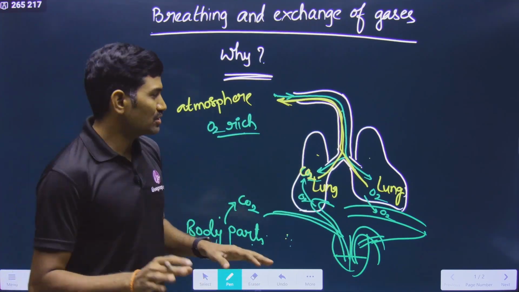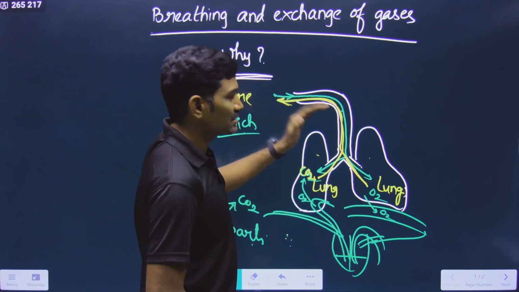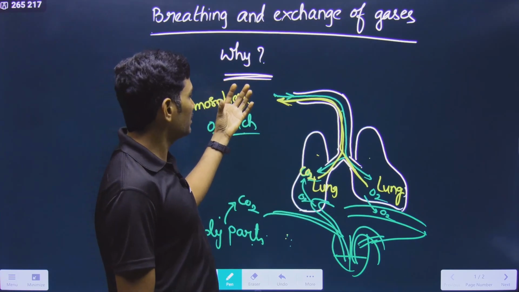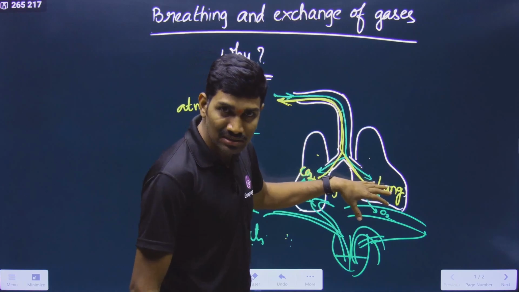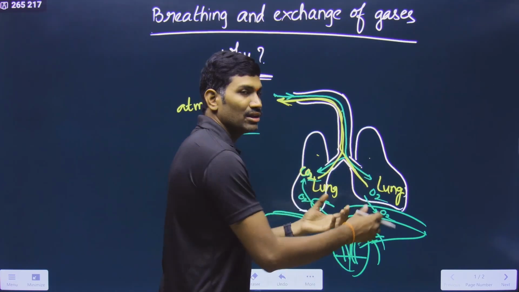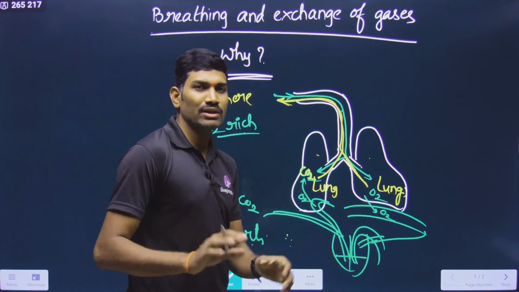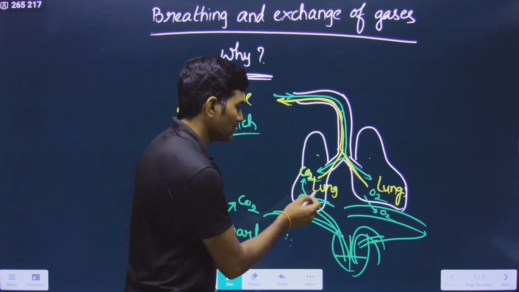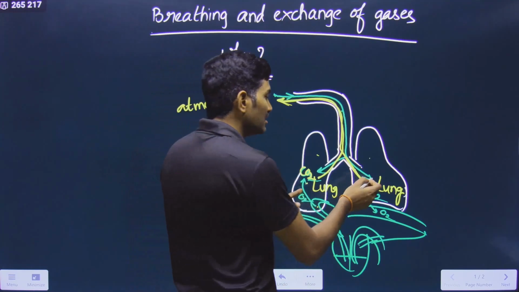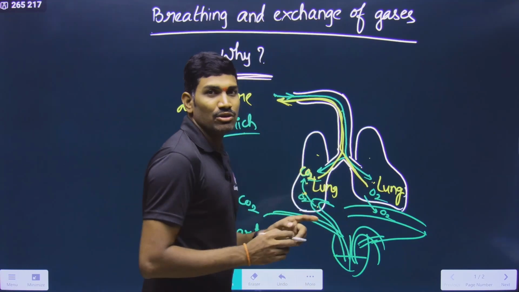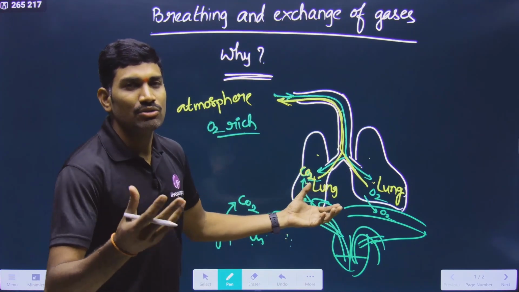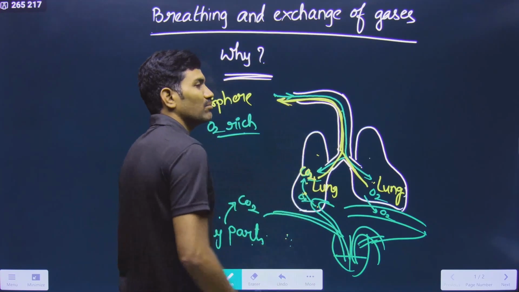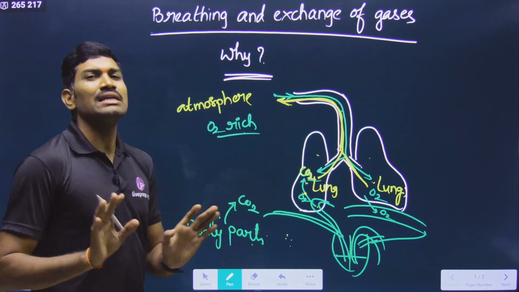In the breathing process, the first step is that oxygen-rich atmospheric air is taken into the lungs, within the alveoli. Don't worry about the term alveoli. Within the lungs, more CO2 is coming from the blood, and this CO2-rich air present in the lungs is released into the atmosphere. This is the general idea.